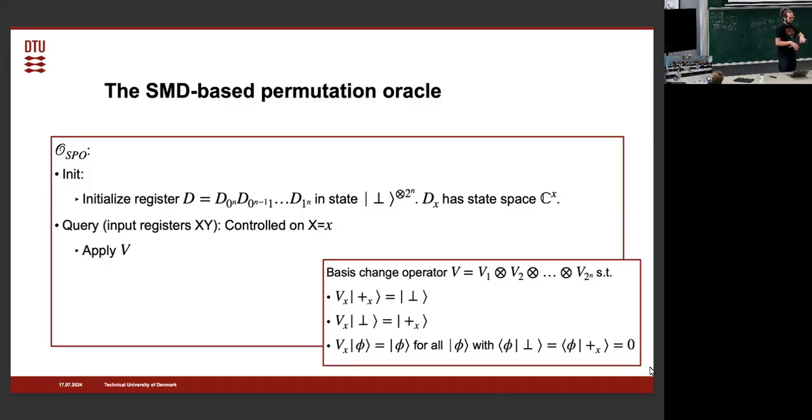In this case, we apply v, which is like this swap between bottom and the uniform superposition on all registers. But note that now each register has its own version of v, because it needs to swap bottom and the superposition of x many values. Then that's just the formula. I mean, you know what the superposition is.